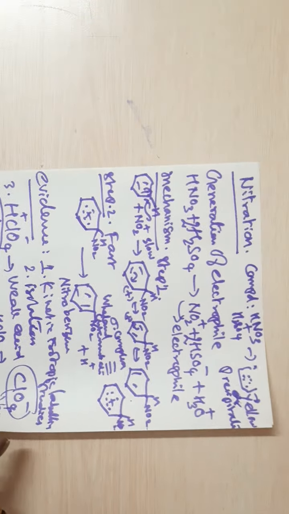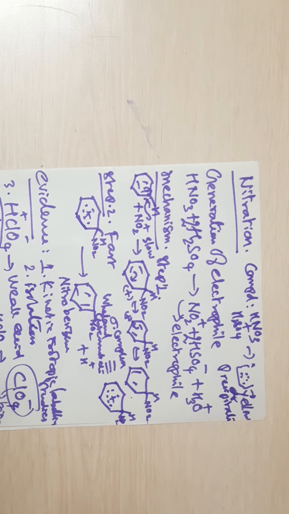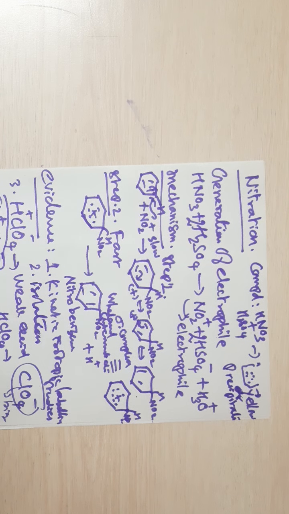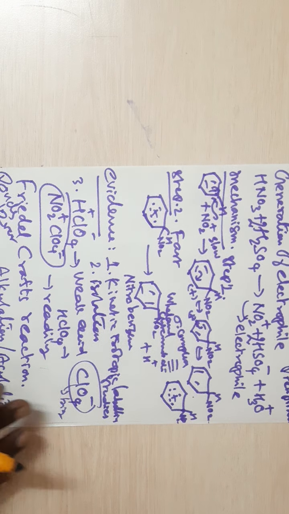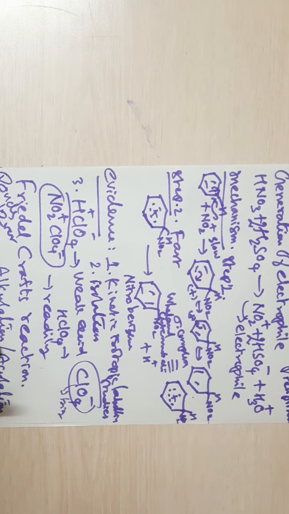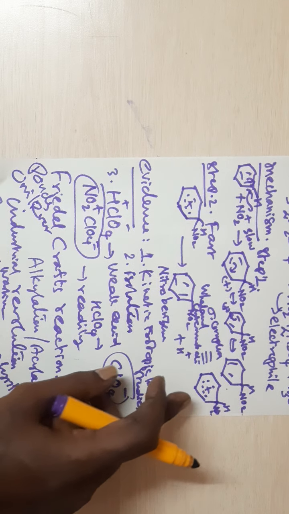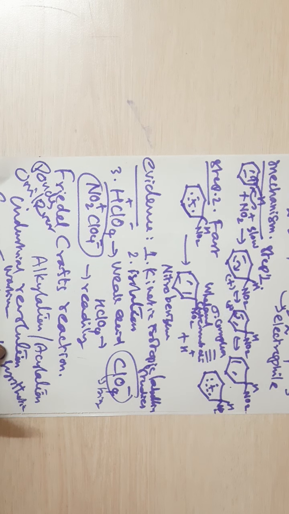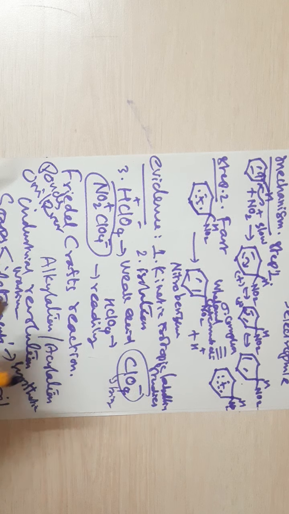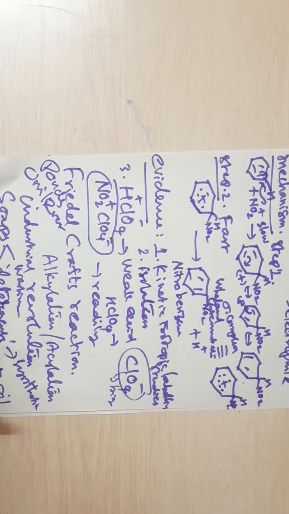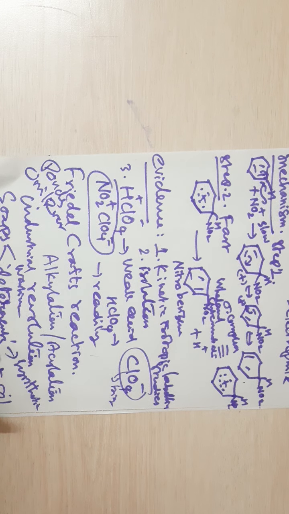The second reaction is your nitration reaction. See, nitration is done with nitric acid and sulfuric acid. I have explained how the electrophile, namely NO2 plus, is generated. You get the sigma complex or valent intermediate. Step 2 is the fast step. You get nitrobenzene in the second step.